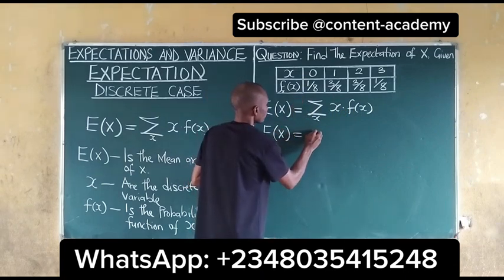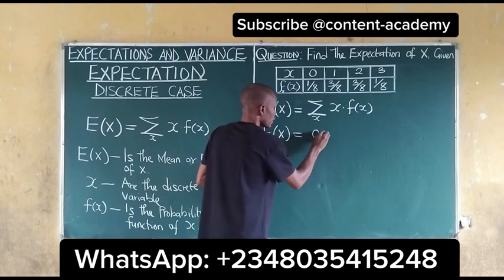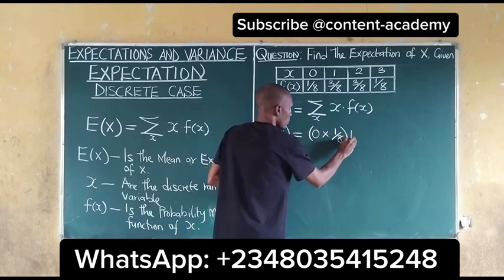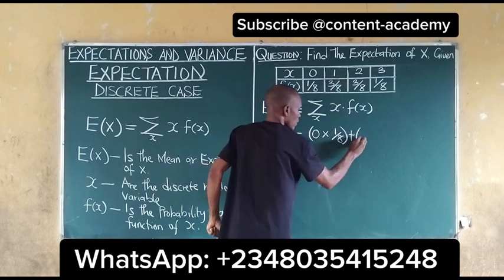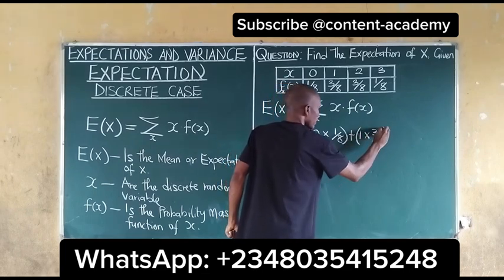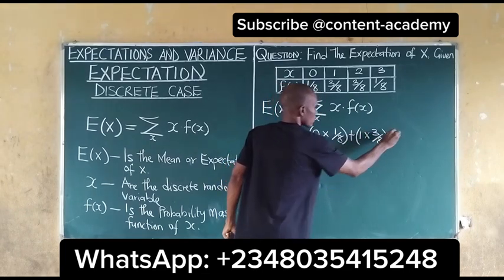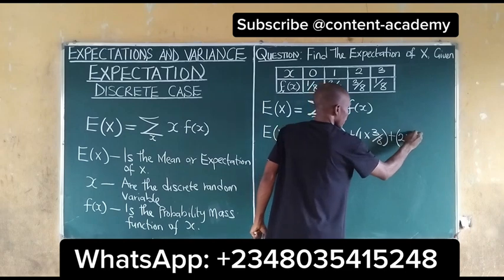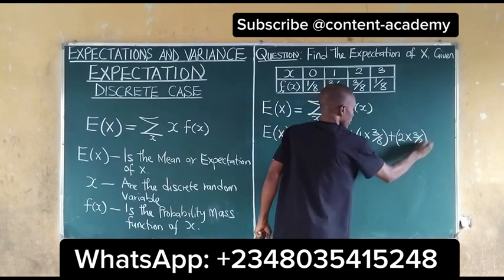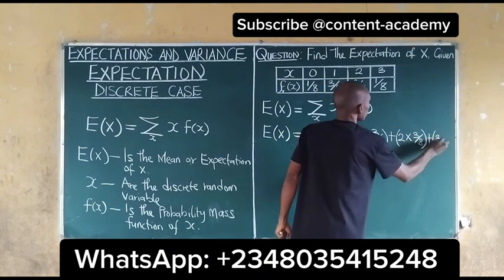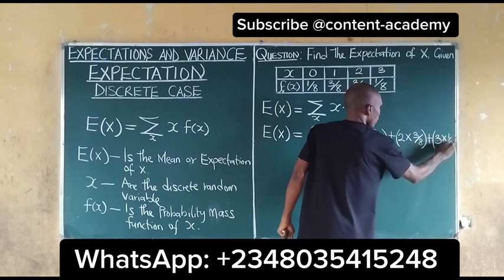So for the first one, we have 0 multiplied by 1 all over 8, plus 1 multiplied by 3 all over 8, plus 2 multiplied by 3 all over 8, plus 3 multiplied by 1 all over 8.